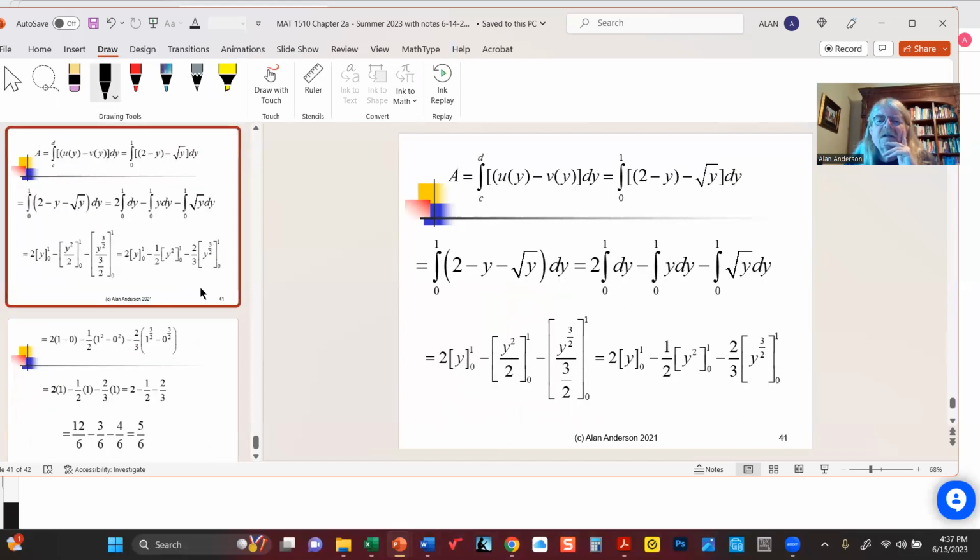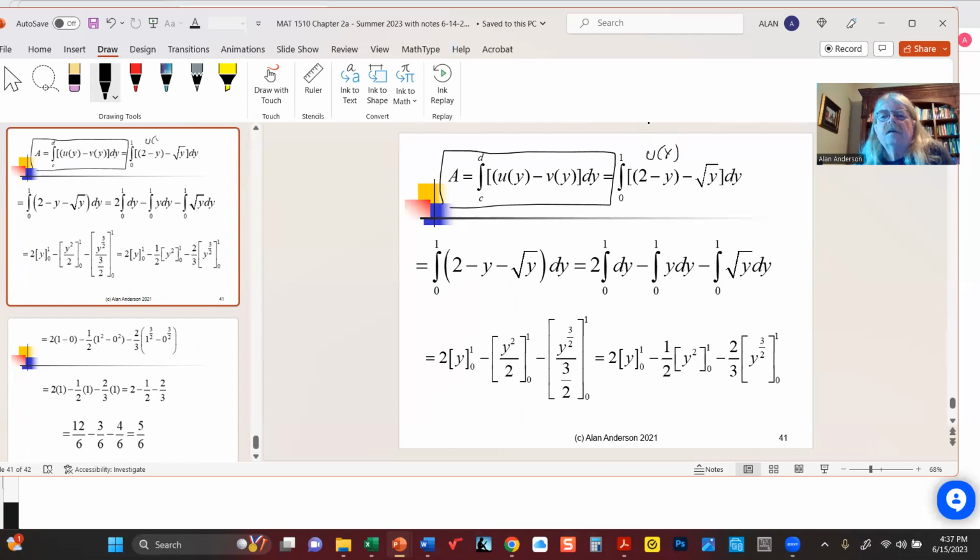So once we got that straightened out, this is what we just did. We'll just make the substitutions. This is again u of y. This is v of y. Now this is going to be interesting. Well, actually, we've got 2 minus y minus radical y when we drop the parentheses. We can break this up into 3 straightforward integrals.